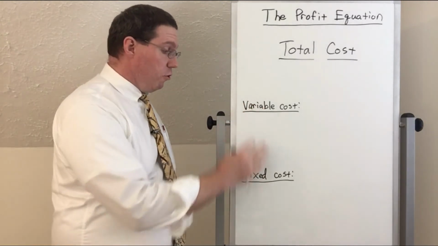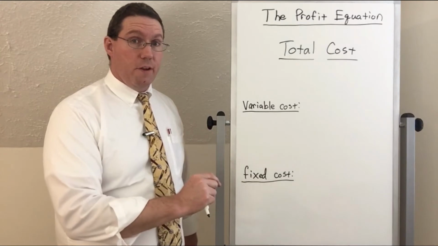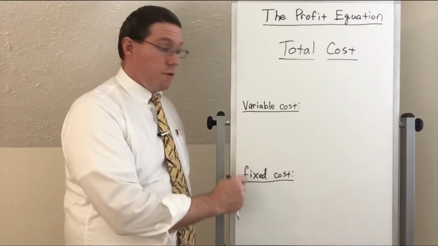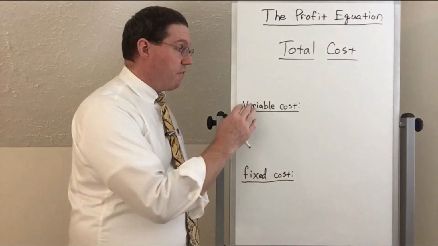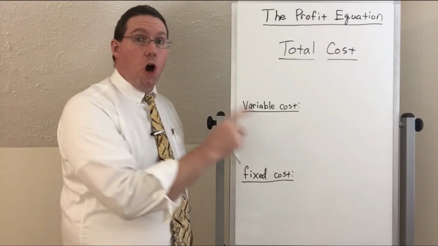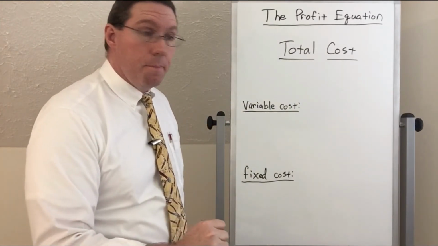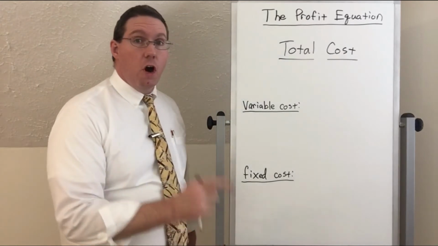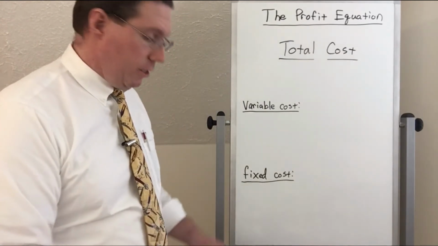Now, these 2 concepts are closely related to the idea that we discussed previously, variable resources and fixed resources. But it's a little bit different. Okay, this time it's variable cost and fixed costs. Variable costs are costs that change with quantity. Fixed costs are costs that do not change as quantity changes. Okay?